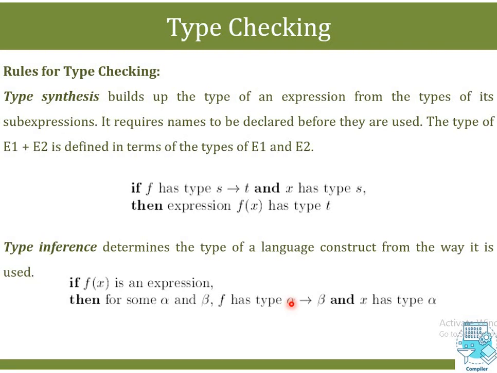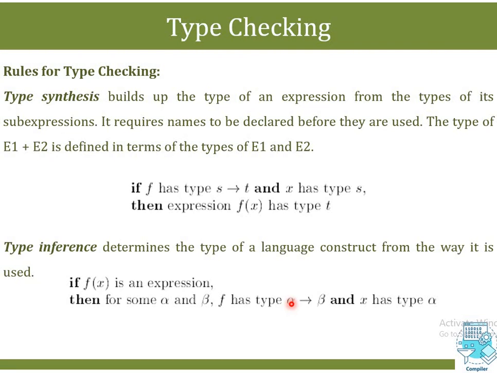Still, if you want to be comfortable with synthesis type and also inference type, the languages like C, C++, Java, they follow type synthesis. So it means that whenever you use any variable, prior to that you have to declare that variable.